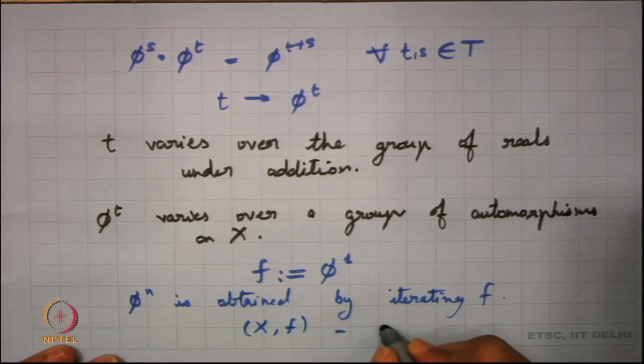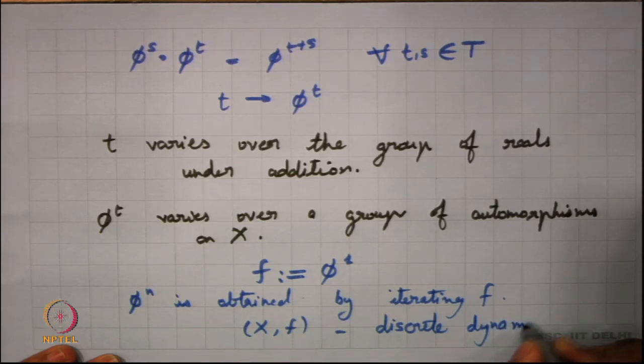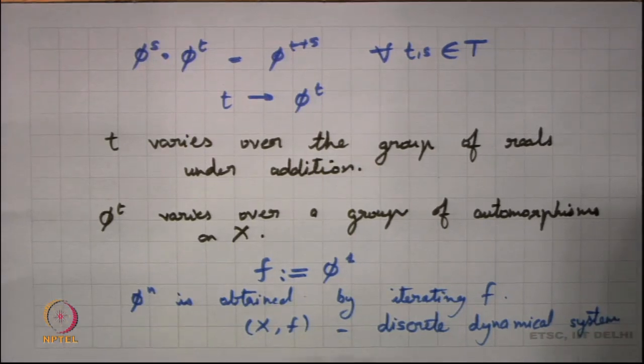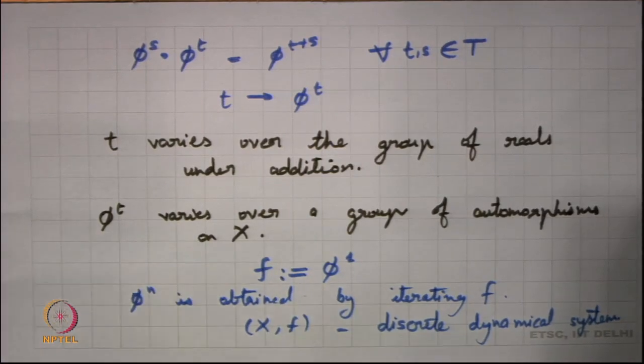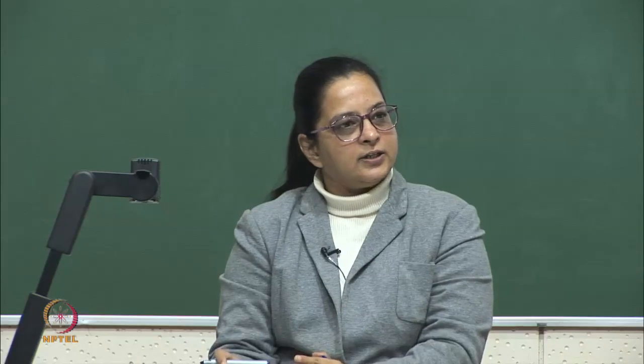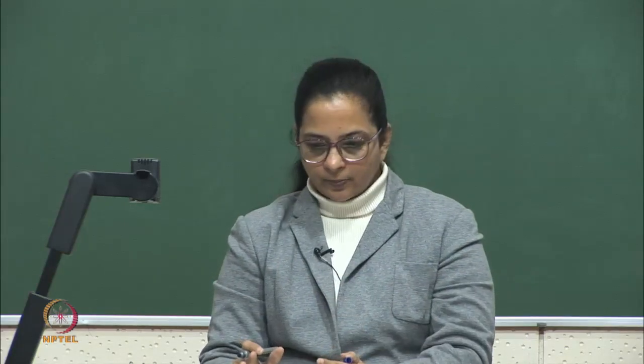So, we get this discrete dynamical system (x, f). Now, look into this discrete dynamical system. This was the model proposed by Birkhoff, that most systems can be studied in this manner. Take any system, there is a way to convert it into a discrete system.